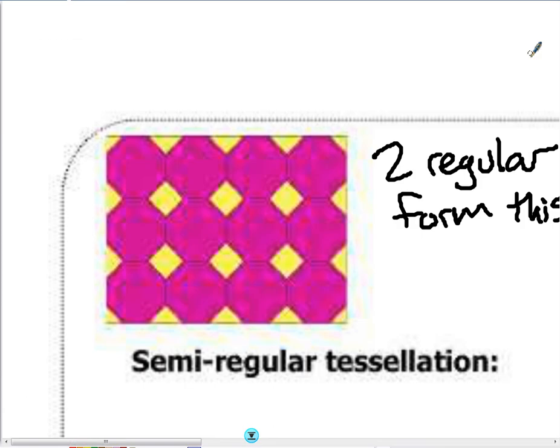It looks like it's using a yellow square, and it's also using an 8-sided octagon. So we have an octagon and a square, and when we put those two regular figures next to each other and they share a vertex, like right there, those angles end up adding up to 360 and therefore forming a semi-regular tessellation.